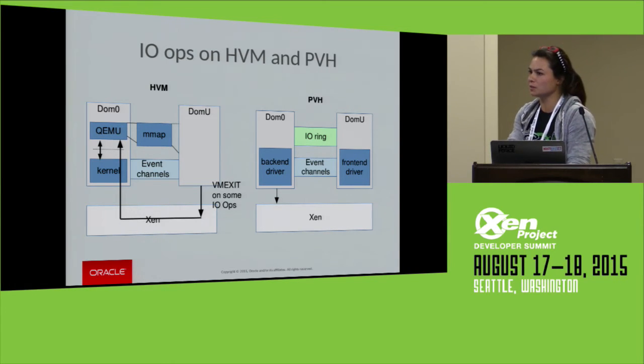Xen analyzes and decodes the VM exit code and passes control to Dom0. When QEMU gets scheduled, it analyzes how it can emulate the instruction, processes all that, and presents the result. Then control is returned back to Dom0 and then to the DomU guest. So that's a pretty lengthy path.